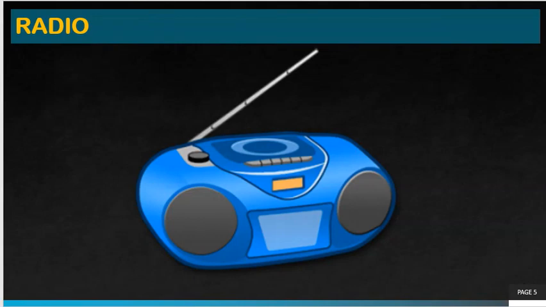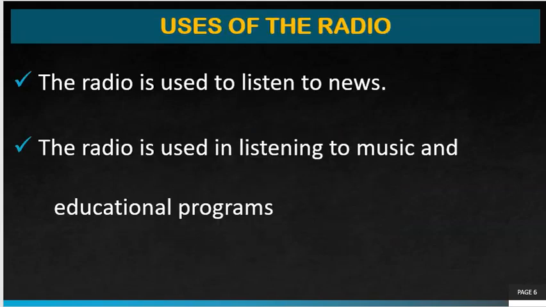First, the radio is used to listen to news, and news is one of the sources of information. Next, the radio is used to listen to music and educational programs. So these are the uses of the radio.